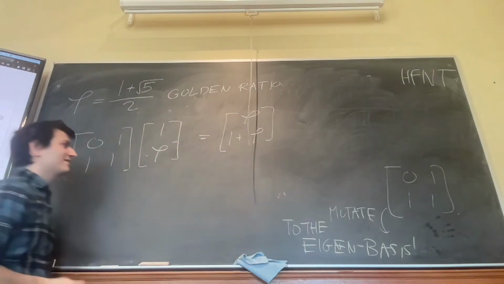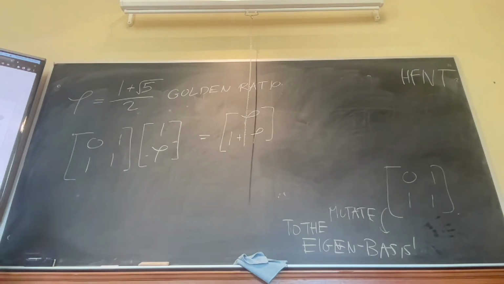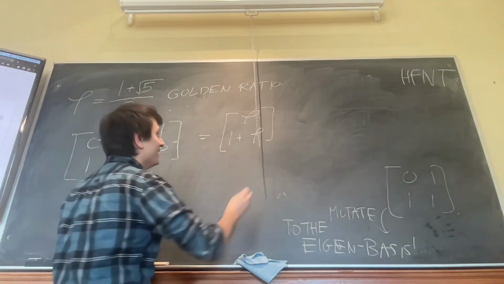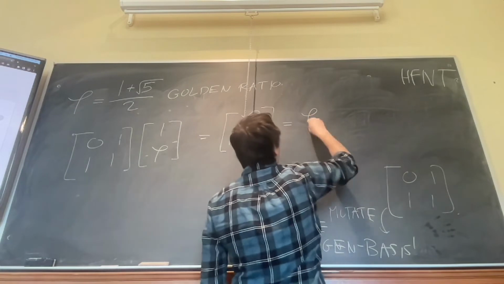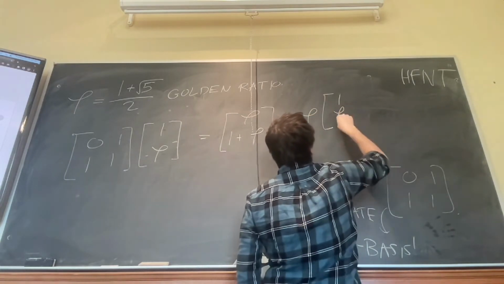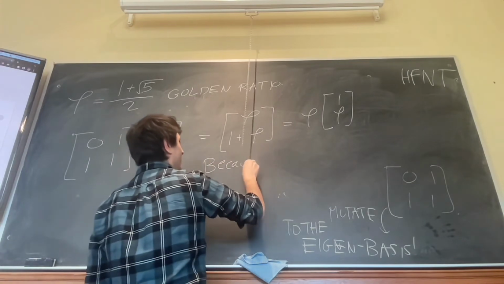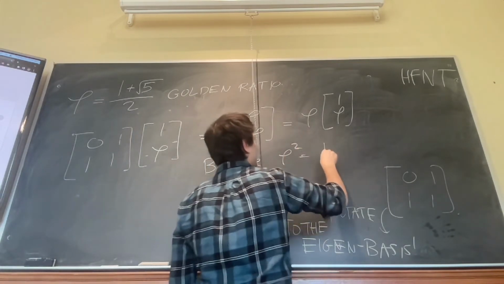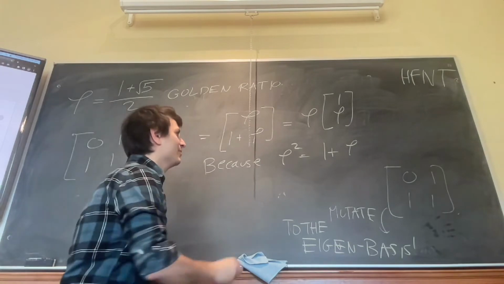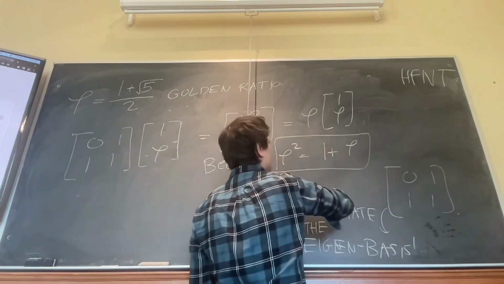Okay, that's kind of boring. But here is the real magic. Phi times 1 plus phi is actually phi times the vector 1, phi. And that is because phi squared equals 1 plus phi. This is the magical thing that makes the golden ratio golden, is this equation.